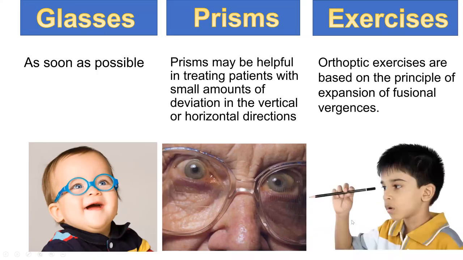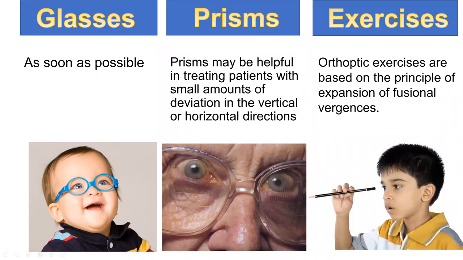Like you ask the child to bring a pen in front of his eye and look at this pen to focus on it, bring it away and toward his eyes, in order to train the medial recti to be more powerful, more strong. So it will increase the fusional versions, increase the ability of the medial recti to do fusional versions, so that it prevents the diplopia which may result from convergence insufficiency.